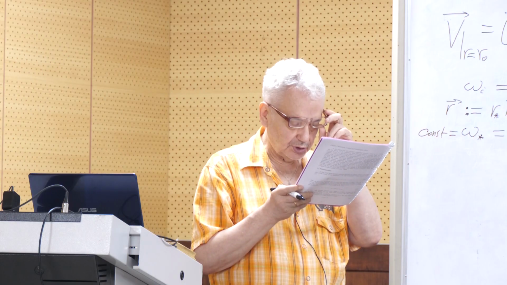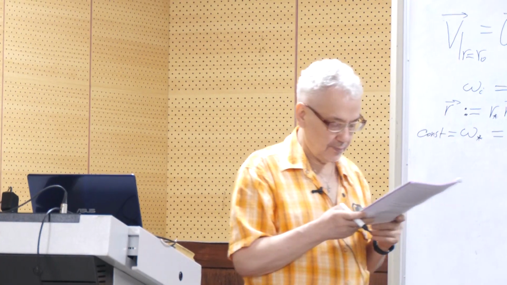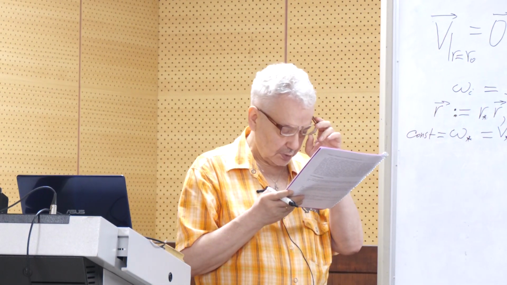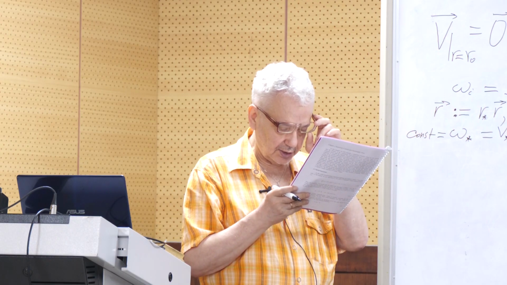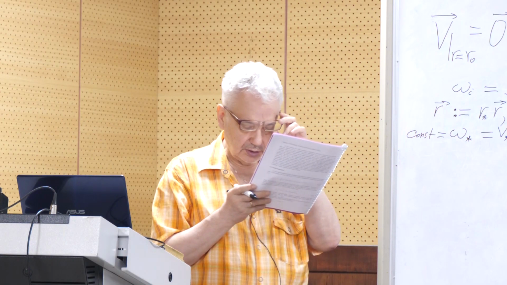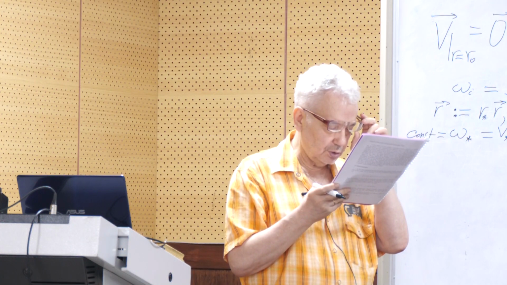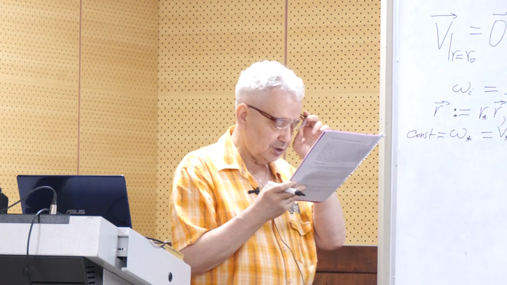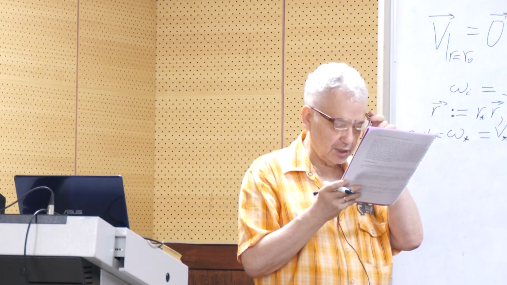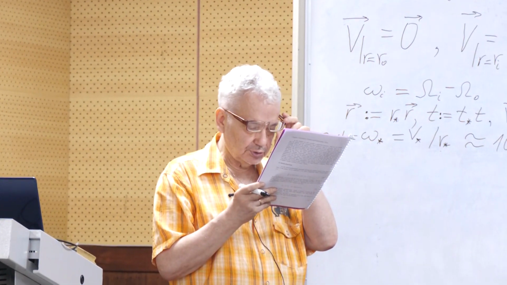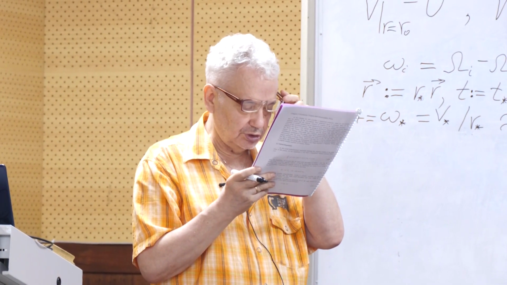Thus, with the postulated replacement of R by R star R, T by T star T, V by V star V, and P by a bit tricky omega V star R star P, the system of four scalar equations which was previously considered, and the 6 scalar boundary conditions, is reduced.